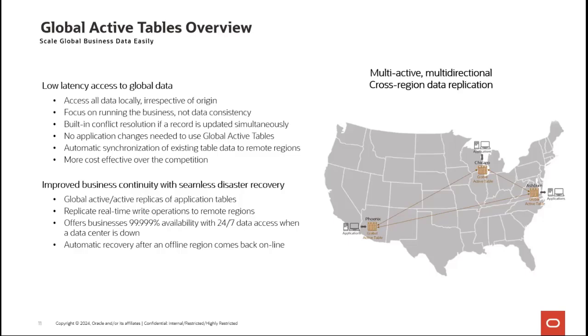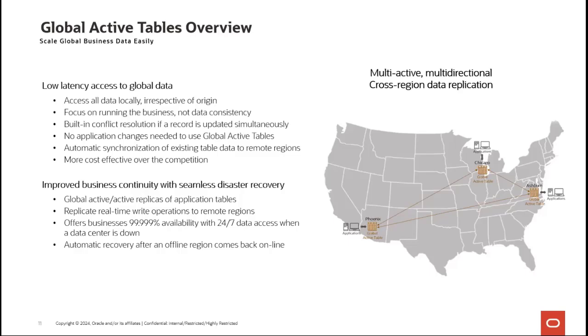So DynamoDB also has a similar feature. We are about half the cost of DynamoDB, and Oracle provides a similar number of regions. So all of that functionality, if you're currently using DynamoDB, can be run over here on Oracle NoSQL at a much lower cost.